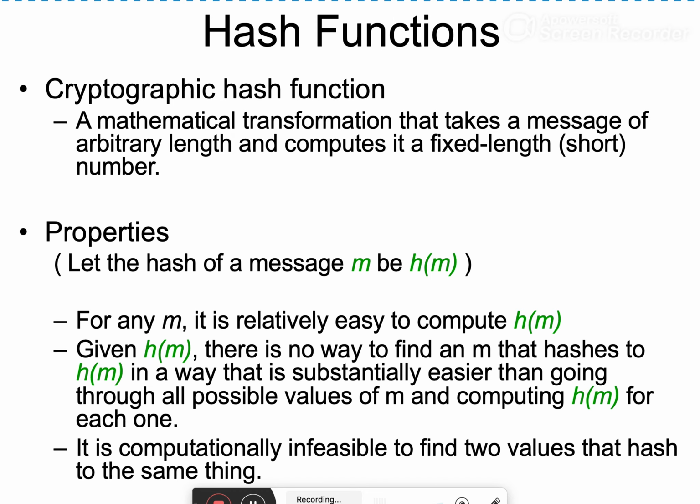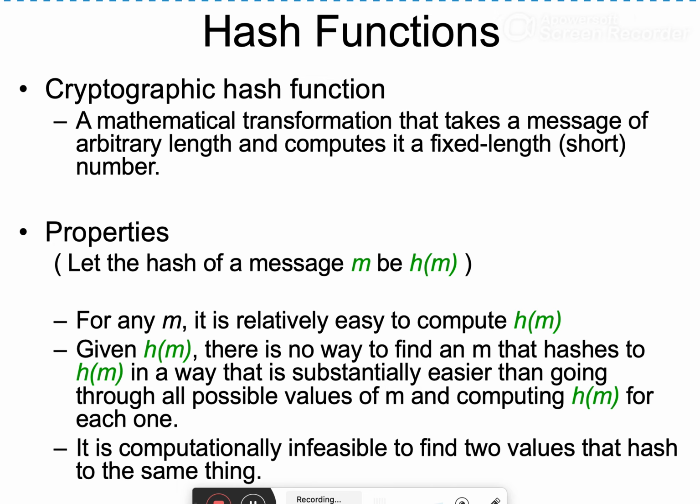We have certain properties that need to be fulfilled by any hash function to categorize it as a cryptographic hash function. Not every hash function is a cryptographic hash function. In order to qualify, it has to satisfy certain properties.